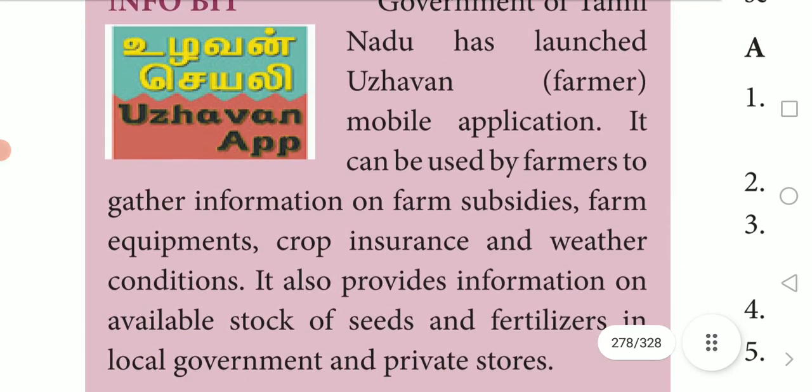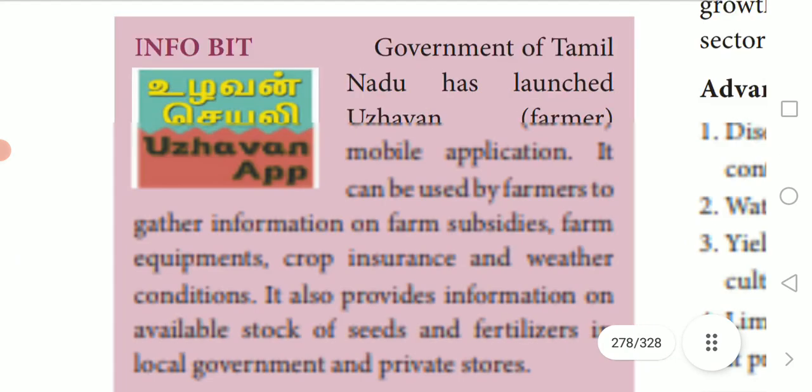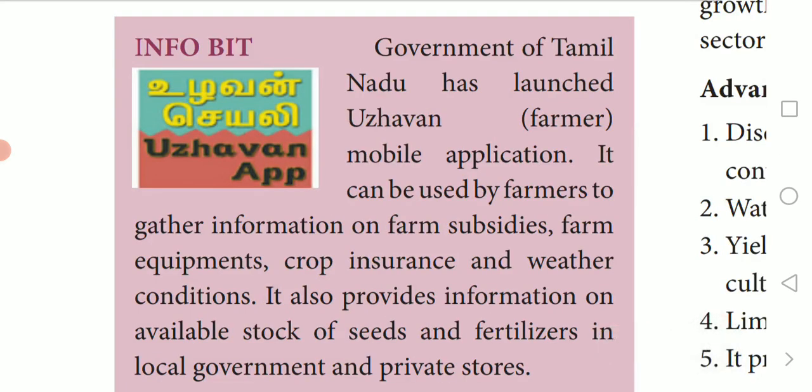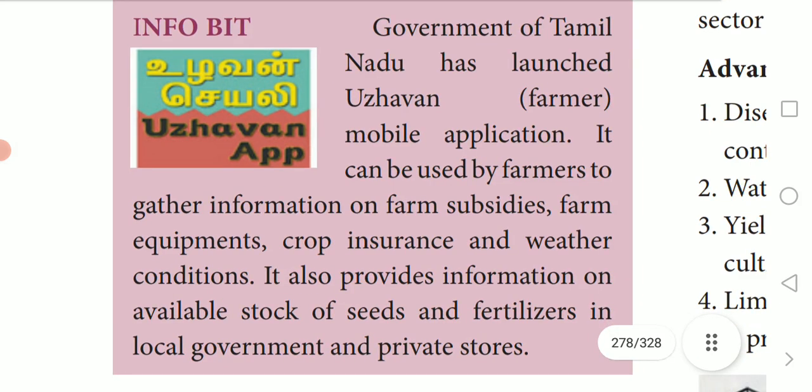There is a small piece of information given here. The government of Tamil Nadu has launched the Uzhavan mobile application. Just underline it. It can be used by farmers to gather information on farm subsidies, farm equipment, crop insurance, and weather conditions.